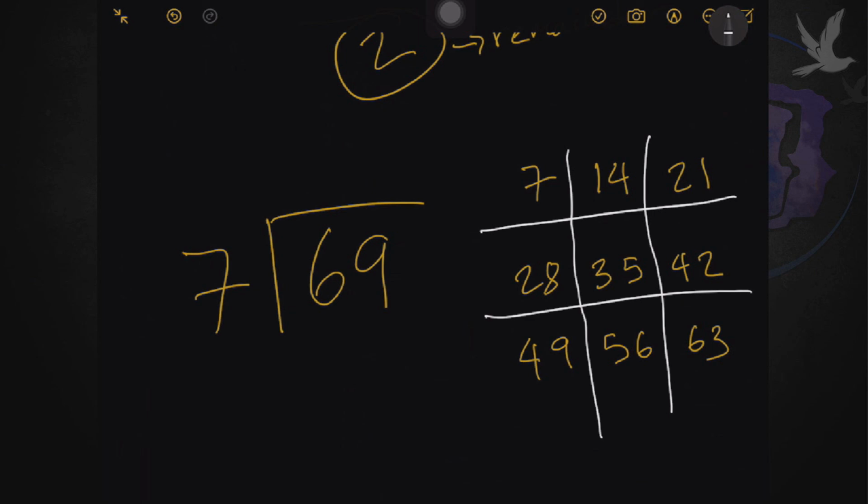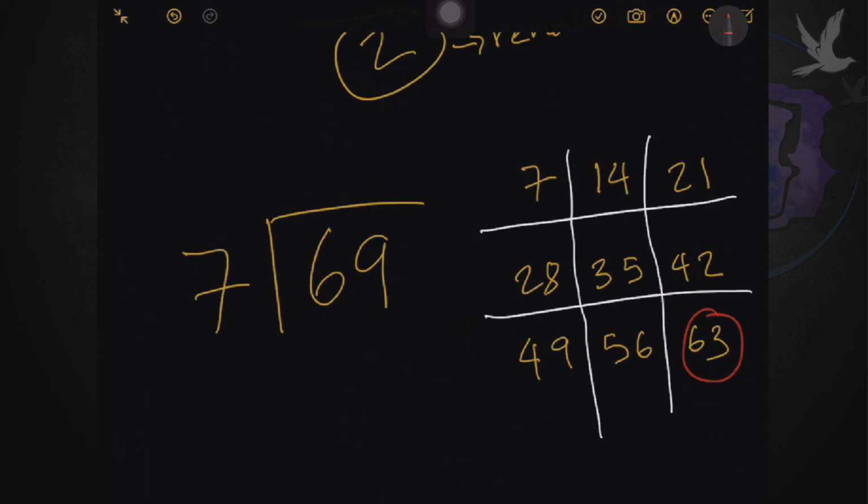Okay. Do you find 69 there? Wala. Because it's not anymore in this coverage natin. But what number is nearest to 69 rather? Out of all these numbers, it's 63. Okay. Teacher Mark is already getting confused. Sorry.